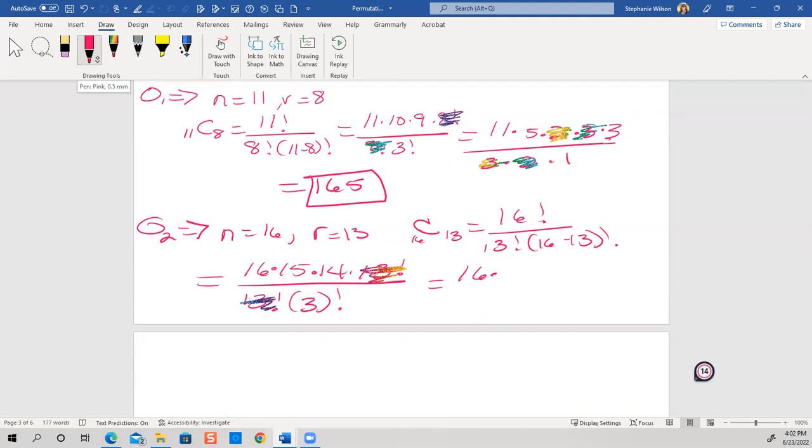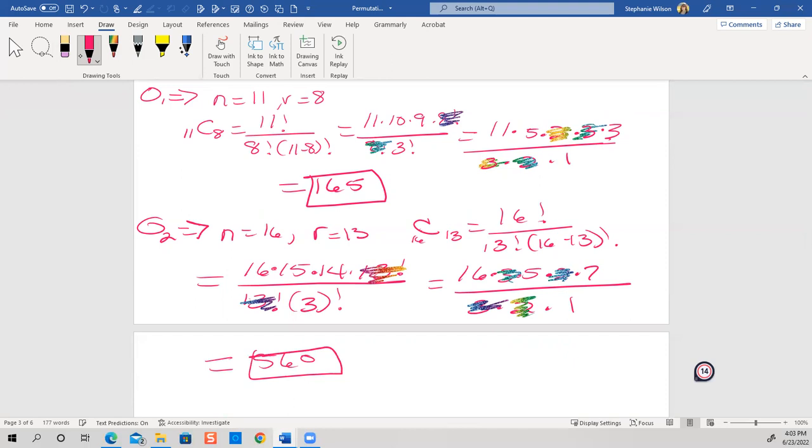That 15 can be broken down as 3 times 5, and that 14 can be broken down as 2 times 7, all over 3 times 2 times 1. Let's reduce our 3 and our 2. Now I'm left with 16 times 5 times 7, 560. So that's for the main course, that's that answer.